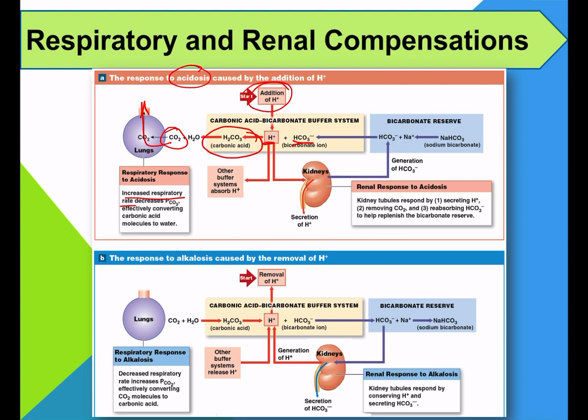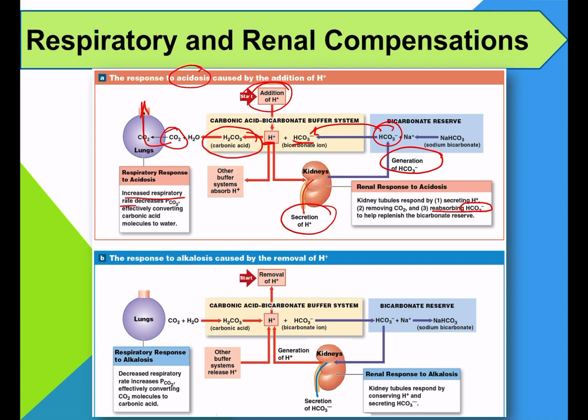Your kidney can secrete the extra hydrogen ions through urine. It can also remove CO2, okay, by forming bicarbonate ions, and also it can reabsorb any extra bicarbonate ions back into the body, so you can always replenish your bicarbonate ions back into your bicarbonate buffer system.